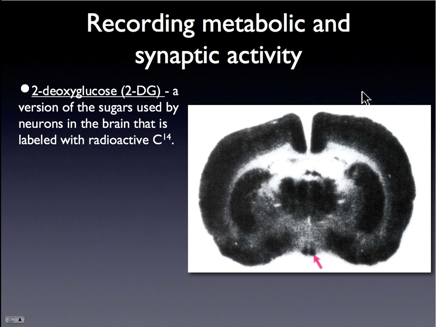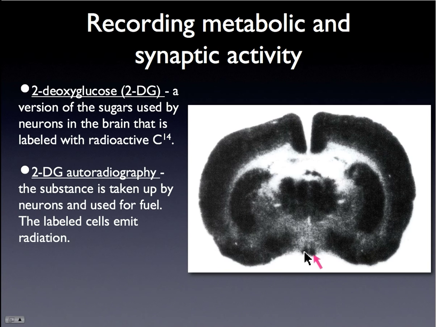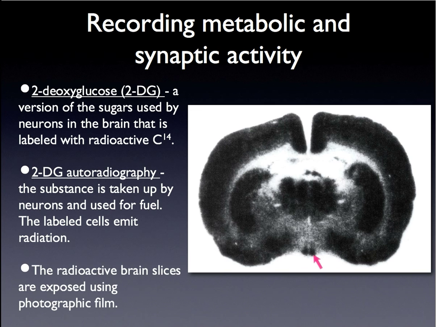Then you can slice the brain and process it like you would a photograph, and you'll get this really cool image that shows you which parts of the brain were active during that task, like in this little region down there. This is called autoradiography. 2-deoxyglucose autoradiography, very complicated name, but it's essentially a labeling technique, and it can tell you when cells become active.